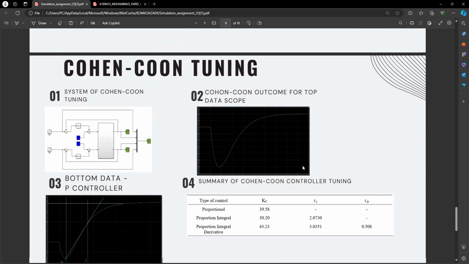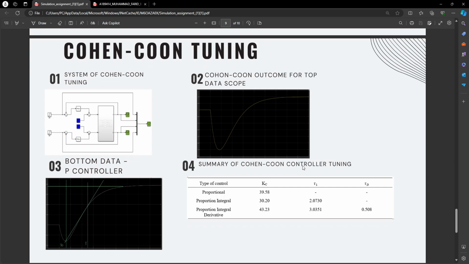Continuing that part, now we are going through the Cohen-Coon tuning. Cohen-Coon is an open loop model for tuning, because it is said that it gives a more significant settling time.